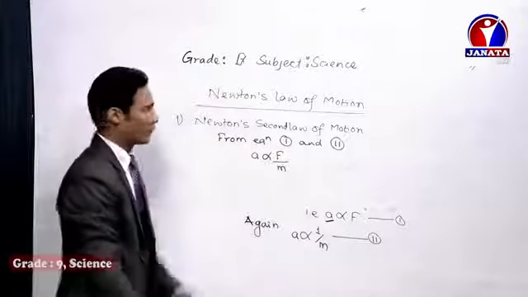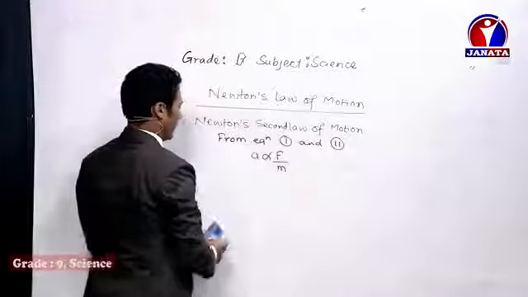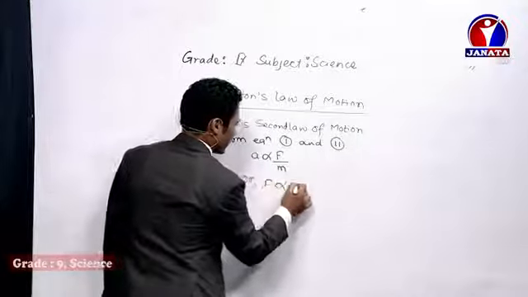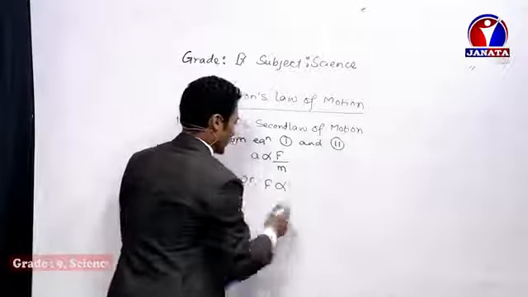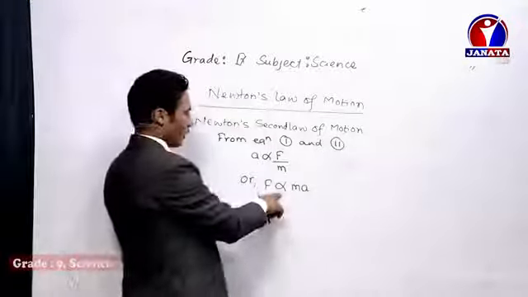This is the combination of equations 1 and 2, right. Let's simplify this. Or F is proportional to m and a.